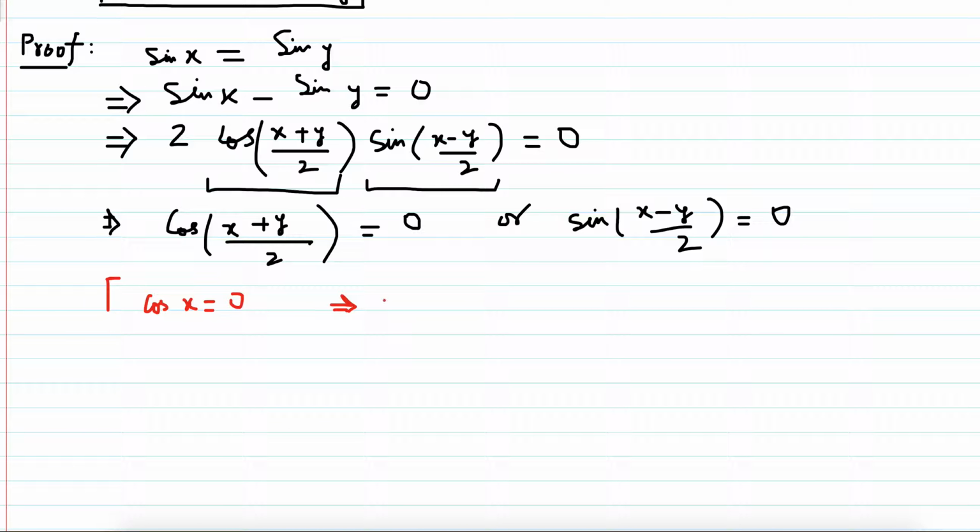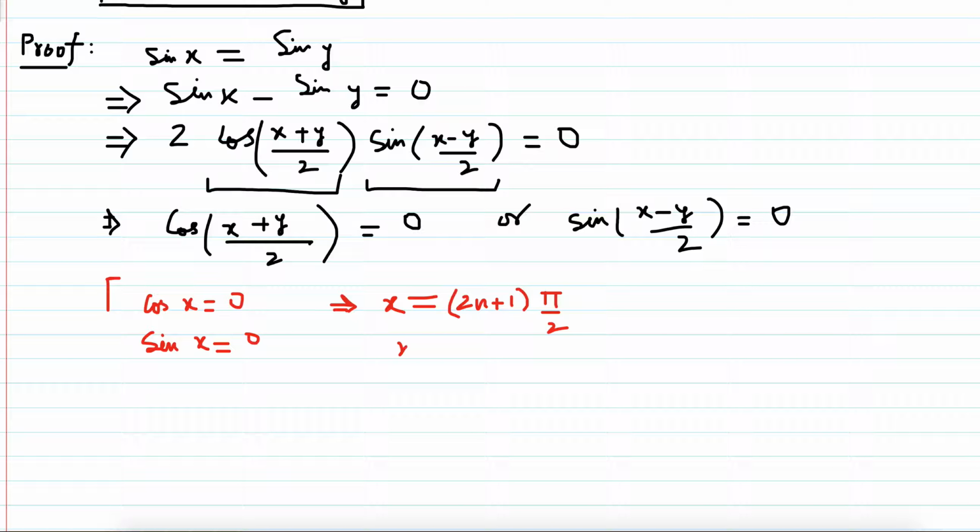So cos x is equal to 0 implies x is equal to 2n plus 1 times pi by 2. So for all the odd multiples of pi by 2, cos x is 0, and sin x is 0 when x is 0, pi, 2 pi, so all the multiples of pi.